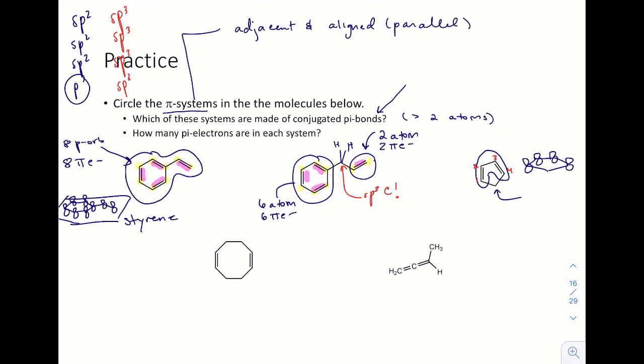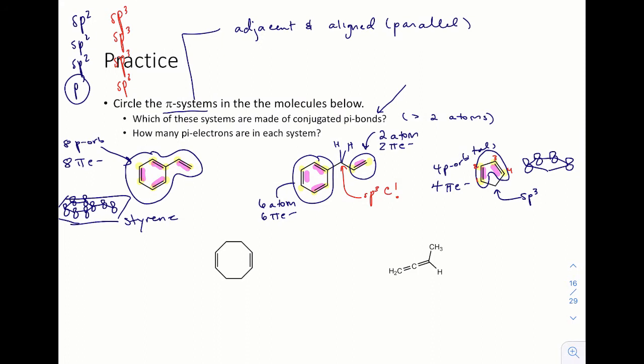That system is interrupted by this sp3 hybridized atom, carbon number 5. That pi system is made up of 4 adjacent p orbitals, so it is a 4 p orbital system or 4 atom system with 4 pi electrons. We're counting the electrons in the double bonds.